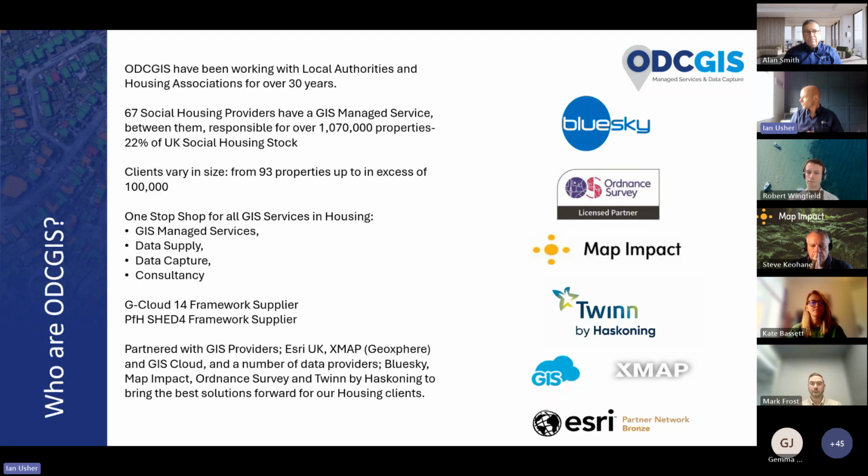I suppose they all use GIS for similar things, but the good thing is that we've got clients that vary in size, so they're all using it for the same reasons, regardless of the size they are. So we've got St Anne's Housing, which is 93 properties, and we've got a customer, Clarion, which is 100,000 properties, but they're all using GIS and data to analyse their assets and the land information that they own.